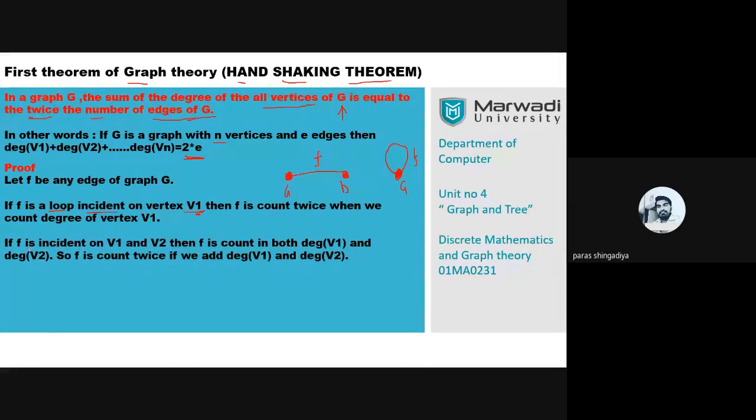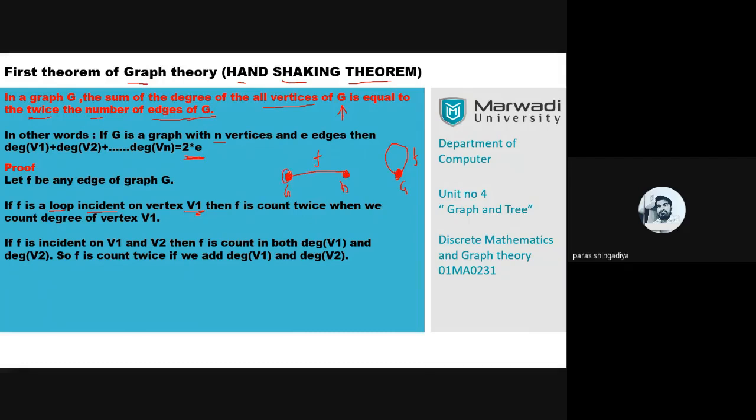And suppose f is incident on two different vertices, meaning it is an ordinary edge. Here there are two vertices, vertex A and vertex B, connected by f. What does it mean? If f is incident on v1 and v2, then f is counted in both the degree of v1 and the degree of v2. So when we count the degree of A and B, we also consider f.